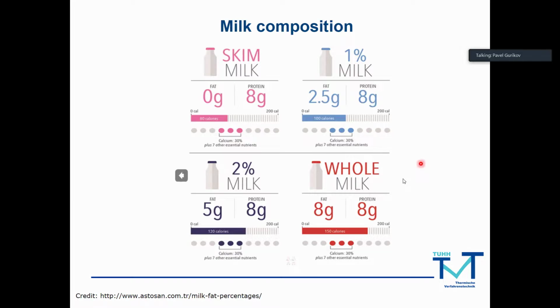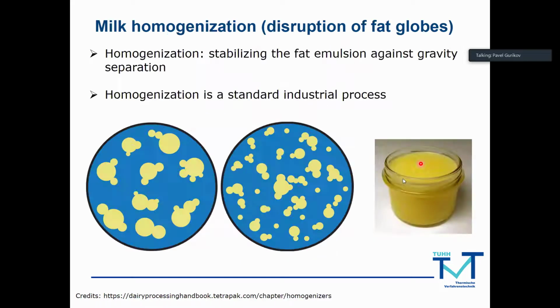So obviously, if you leave milk on the bench, then you're going to see phase separation. So we're going to see a creamy layer on top of the milk. And if you properly separate this milk fat from the whole milk, you get something like this.